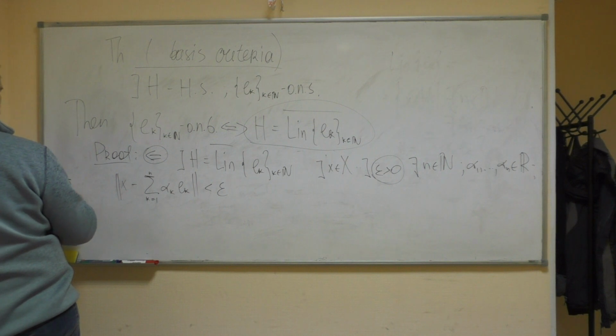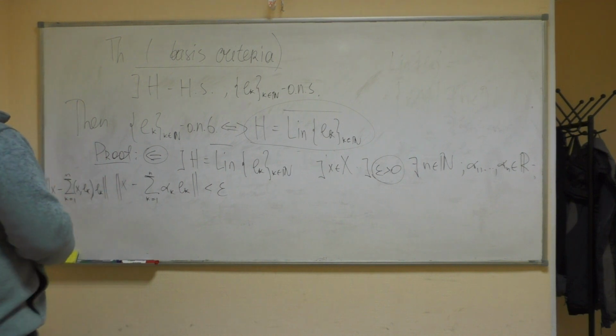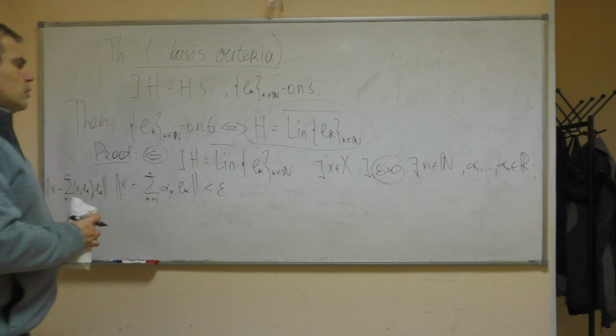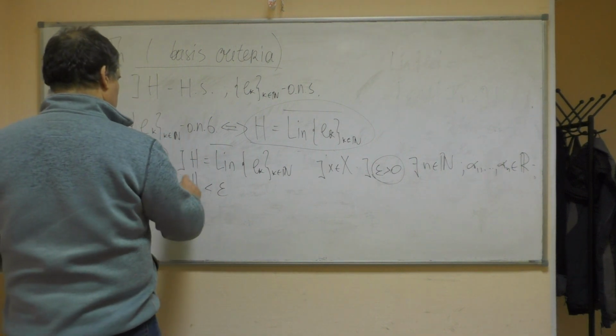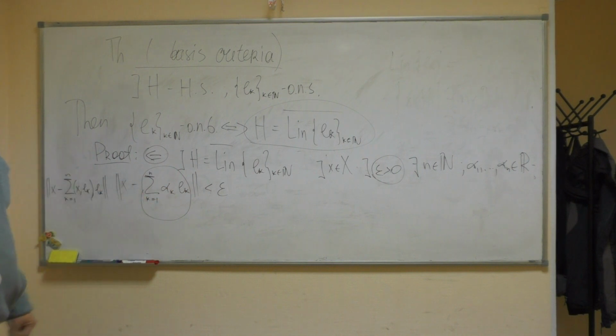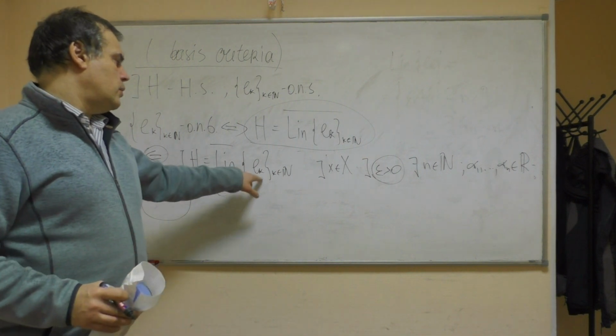But if we consider here the part of Fourier series, here there is a best approximation to x in a linear envelope of the first n elements of e_k.